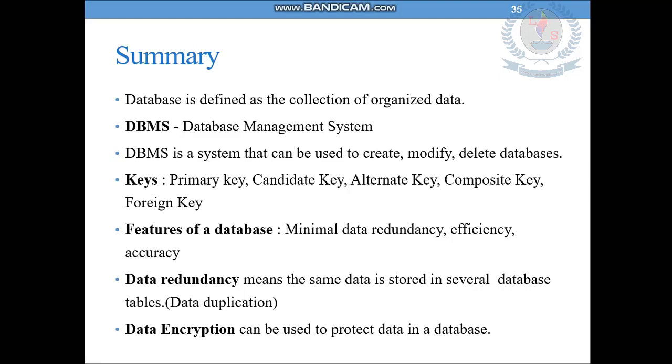And these are the keys we learned: primary key, candidate key, alternate key, composite key, and foreign key. We covered features of databases: minimal data redundancy, accuracy, efficiency, like that. I discussed data redundancy and data encryption. Other than that, I discussed what cardinality or multiplicity is. So this is the summary of this lesson.